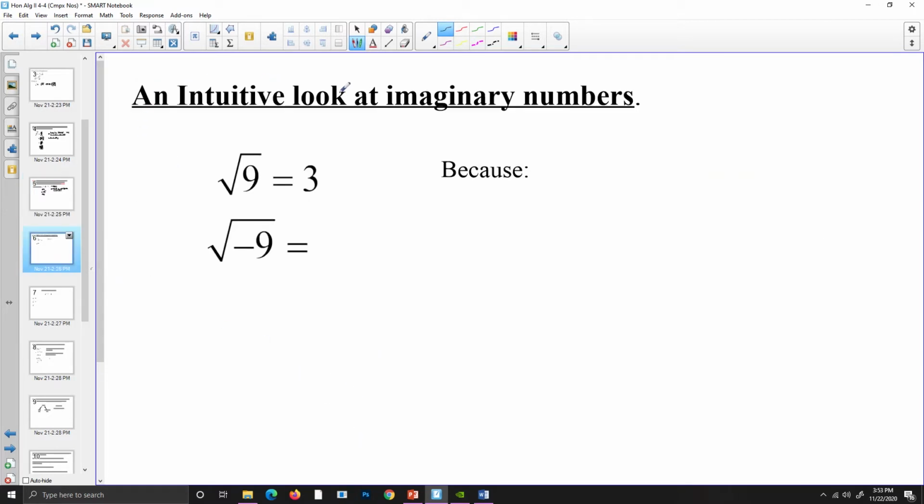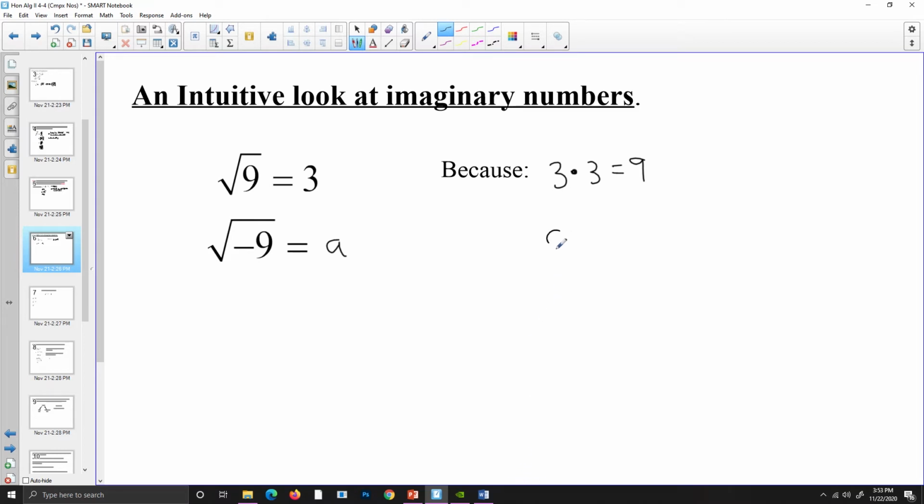An intuitive look at imaginary numbers. Now we know that the square root of 9 is equal to 3 because 3 times 3 has to equal 9. That's how we know it. But if I try to use similar logic on the square root of -9, I have some issues because let's say, for instance, it's just a.